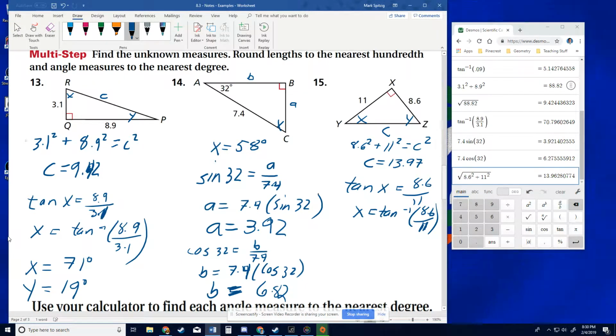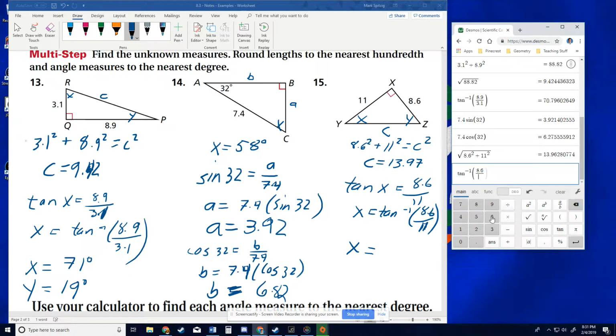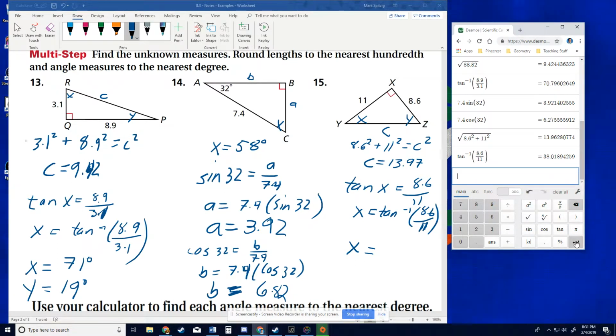So our angle for x is inverse tan of 8.6 over 11, and that's 38.01, so that's 38 degrees. If we have 38 degrees, that must make y 52 degrees because they're complementary.